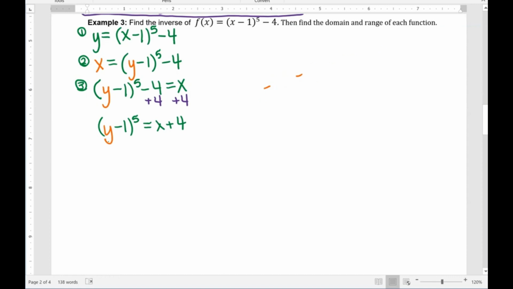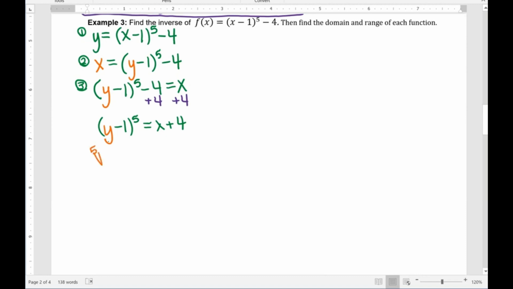If you think back to the square root property, when we had x squared, we took the square root of both sides. Here we have something to the 5th power. Because we have it to the 5th power, we're going to take the 5th root of both sides.